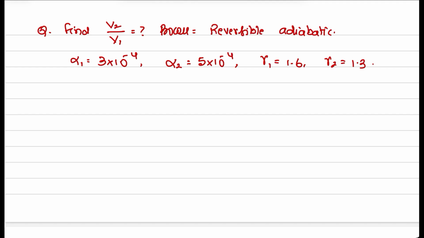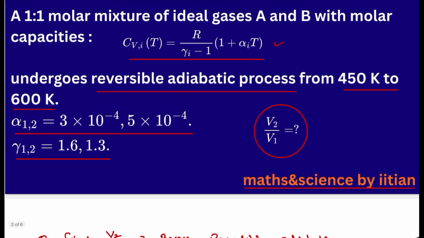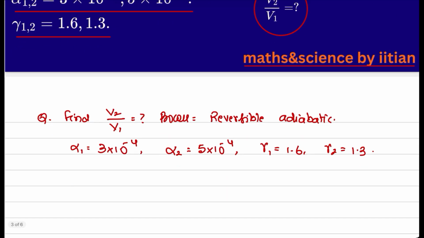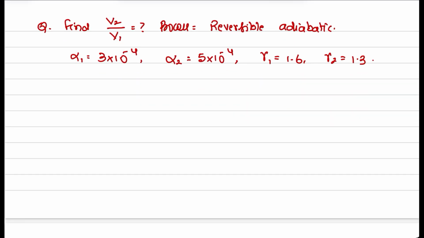Now, the molar heat capacities are related as CVi, as a function of temperature T, is equal to R by (gamma i minus 1) into (1 plus alpha i into T).